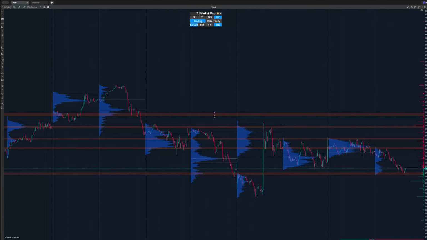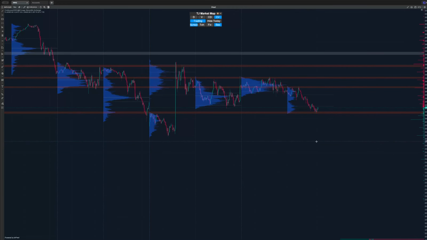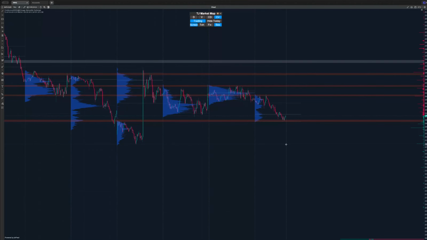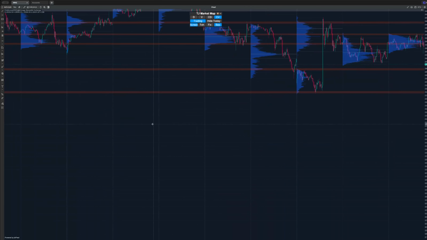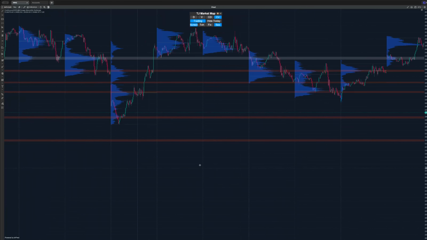But this one is not a daily high. So I mark the daily highs and lows separately, in a separate color, to be able to differentiate between those which are daily highs and lows and those which are not.